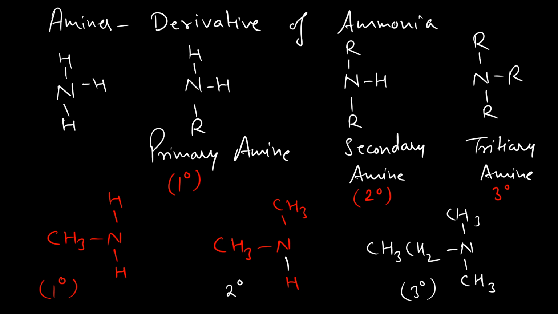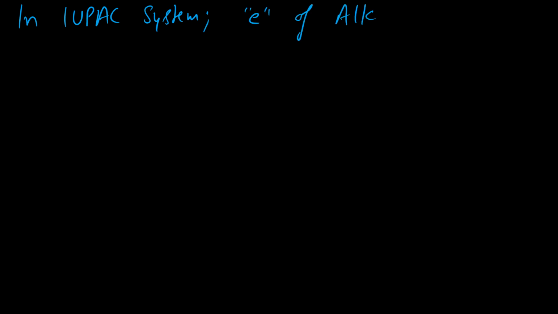Now let's discuss how to write its name. Let's see how to write the name of amino groups in the IUPAC system. In the IUPAC system, we have to take care that the E of alkane gets replaced by amine when writing the name of any derivative of ammonia.